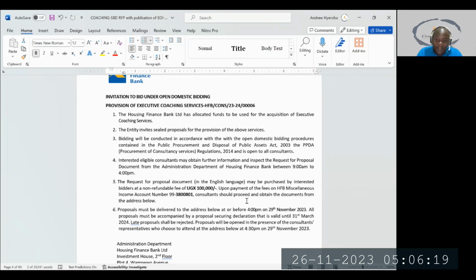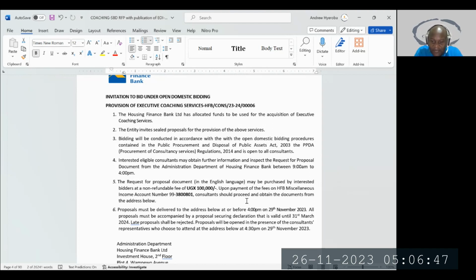Once you pay for this, you should proceed and obtain documents from the address below. The proposals must be delivered at that address before 4 p.m. on 29th November 2023. All proposals must be accompanied by a proposal securing declaration that is valid until 31st March 2024. Late proposals shall be rejected.